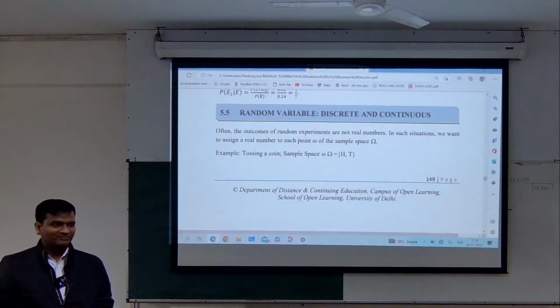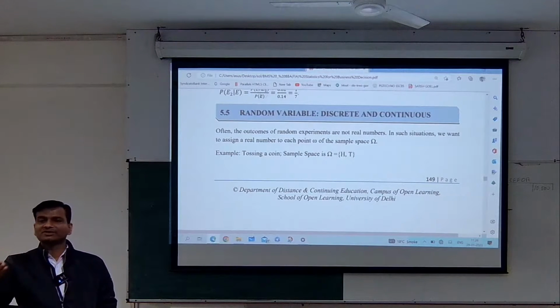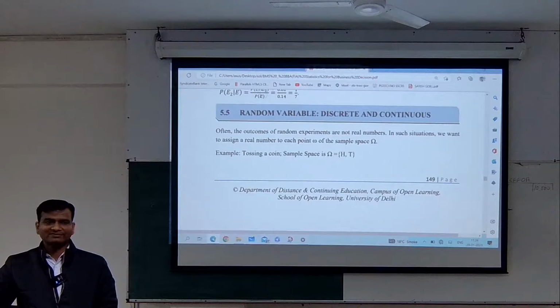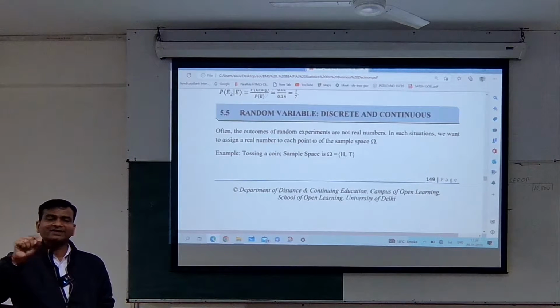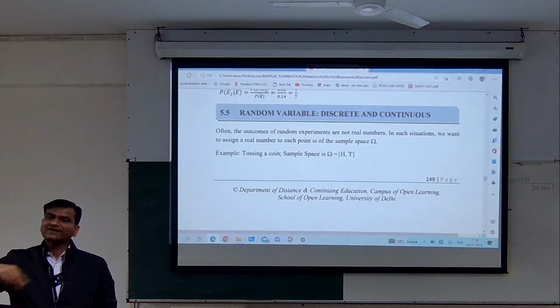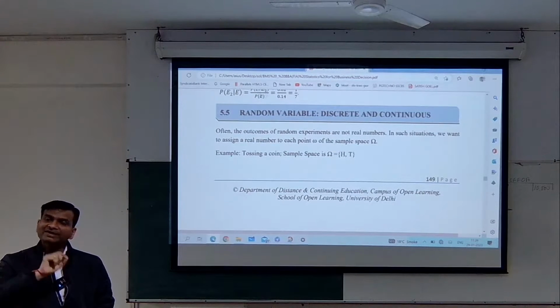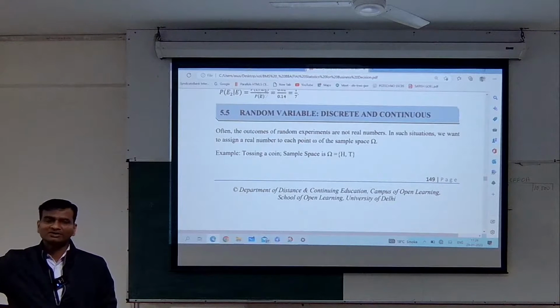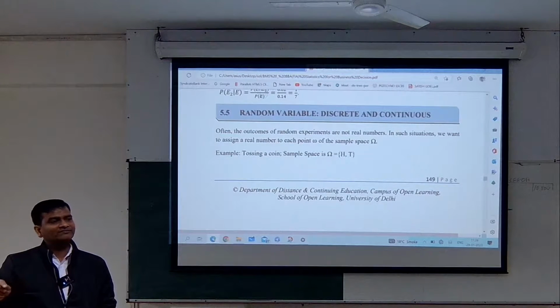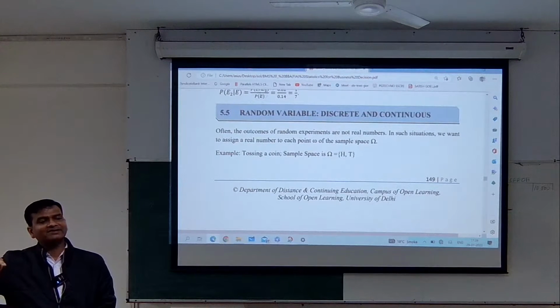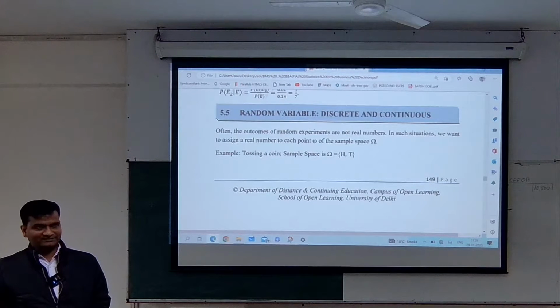Only in years, not in fractions. So suppose someone says 20, someone is 21, someone 22, someone 25. So X is taking only integer values. If I say height, which may be in fractions, it can take any value, 165.2, 150.3. Then I say X is continuous.